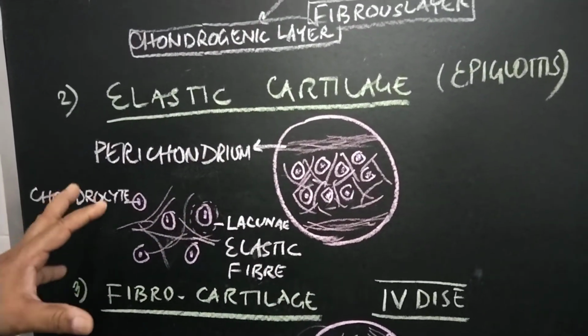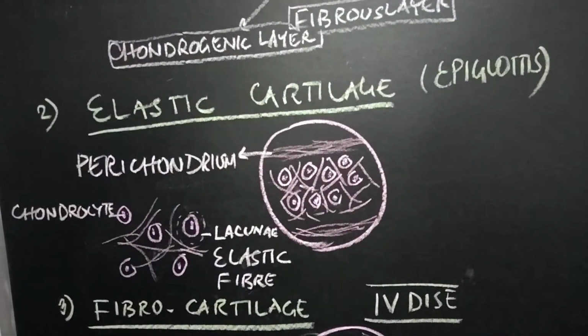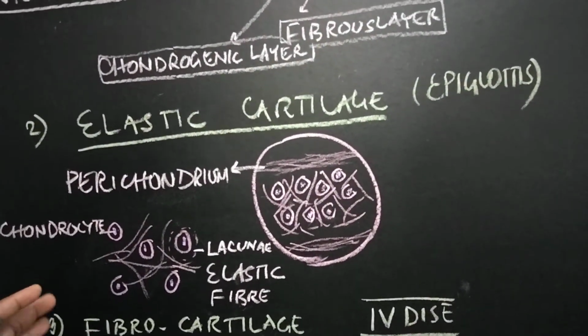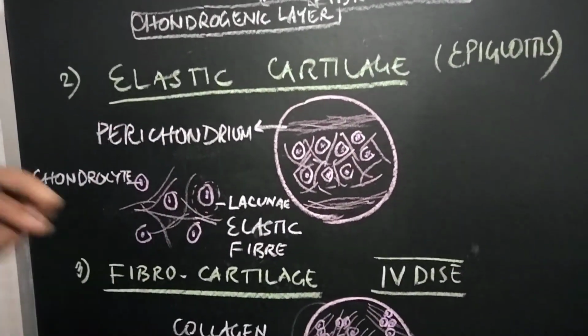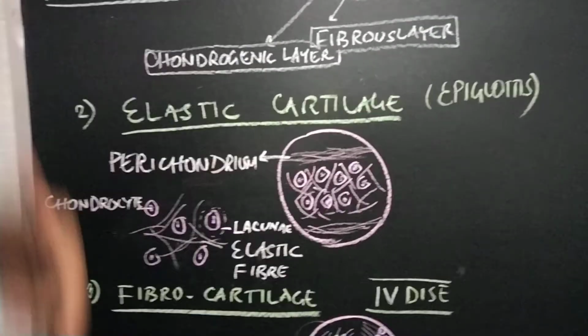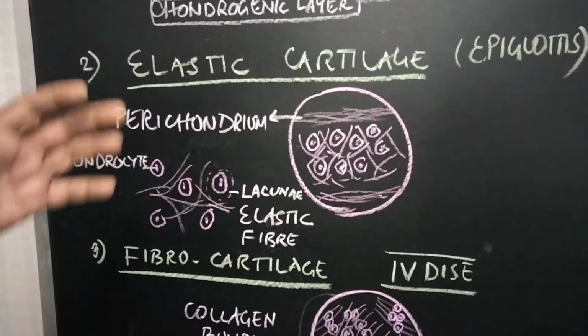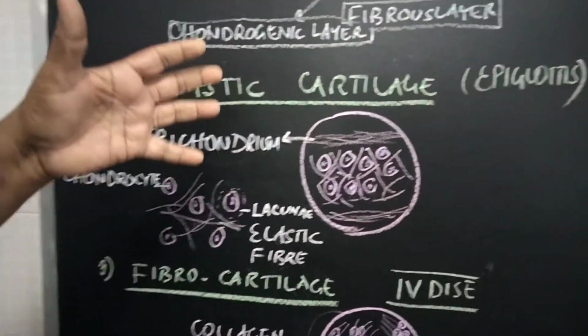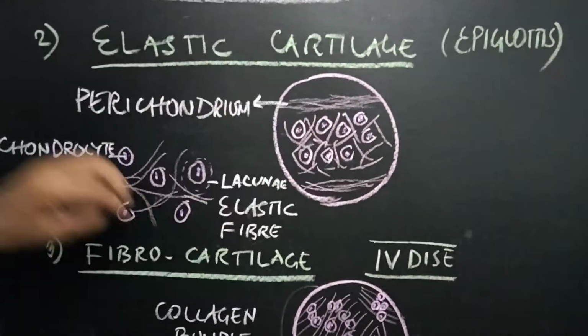The epiglottis separates the food pipe from the air pipe, at the junction where the respiratory tract starts from the laryngopharynx and the GI tract, the food pipe, starts from the oropharynx.